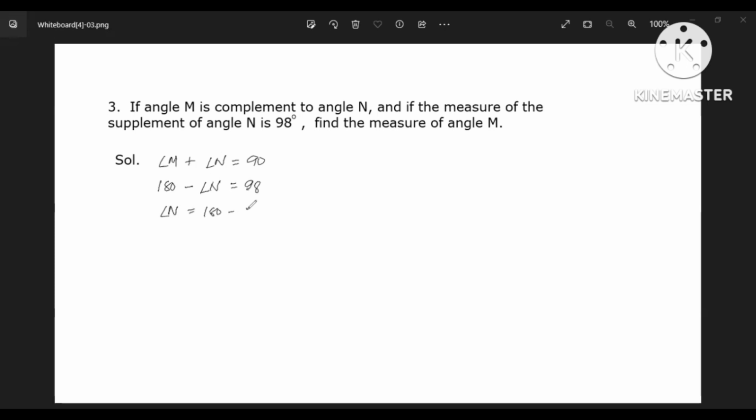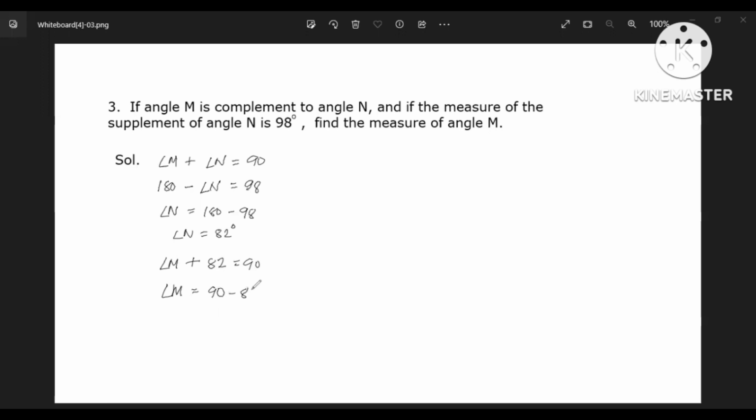So, angle N is equal to 180 minus 98, or 82 degrees. Angle N is 82 degrees. So to solve for angle M, we simply use equation 1 and substitute angle N. So angle M plus angle N, which is 82, is equal to 90.